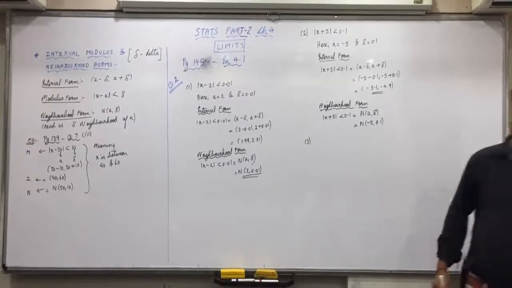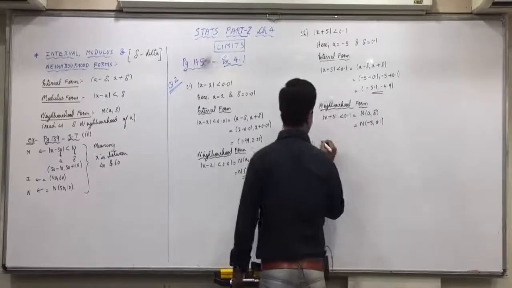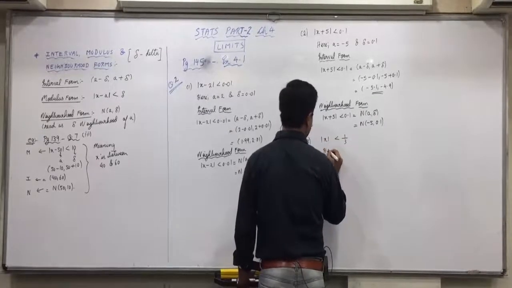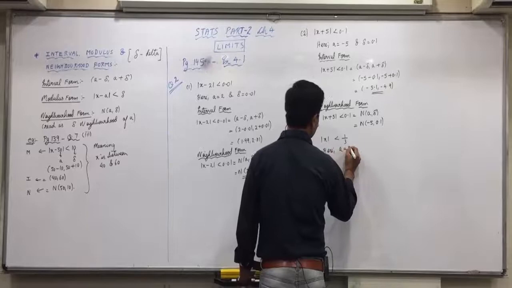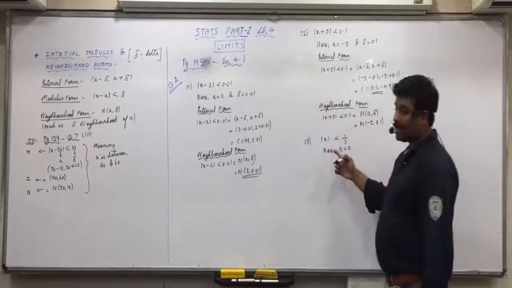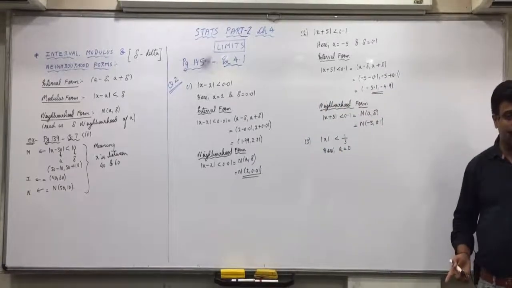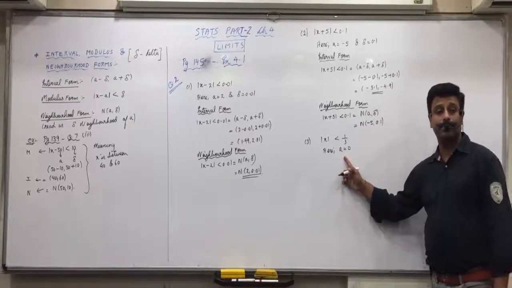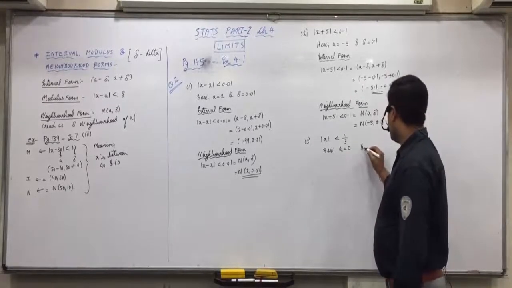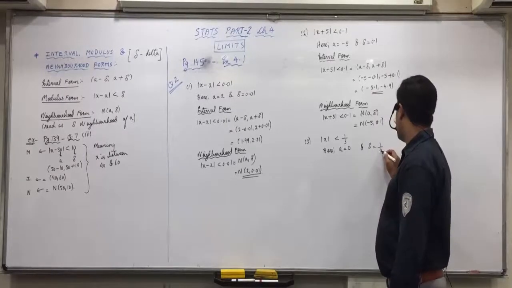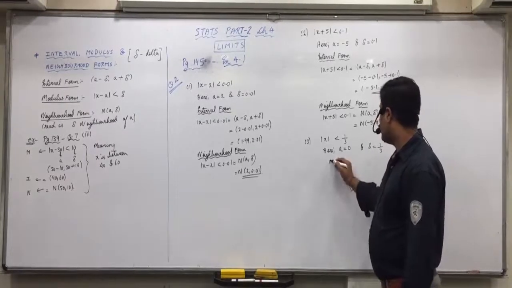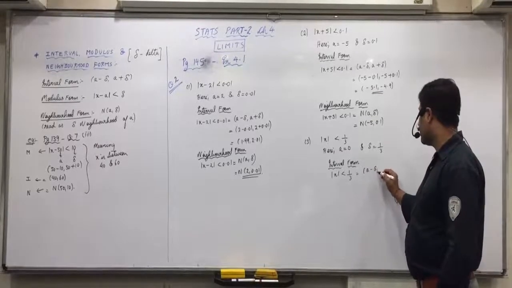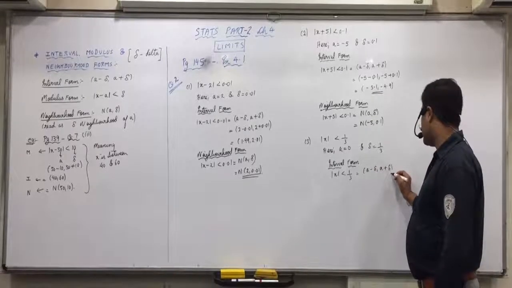Then third question, modulus x less than 1 by 3. What is a here? 0. Modulus x means x minus 0. So a is 0. Raise your hand who did not understand this. And delta is 1 by 3. First, interval form. First, always write the formula: a minus delta, a plus delta.